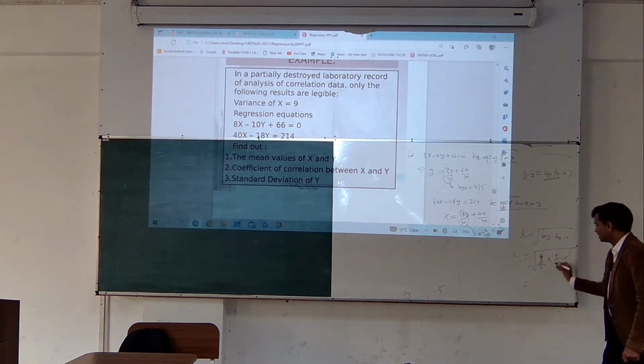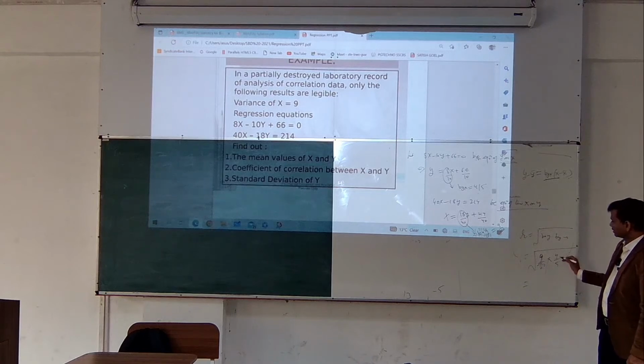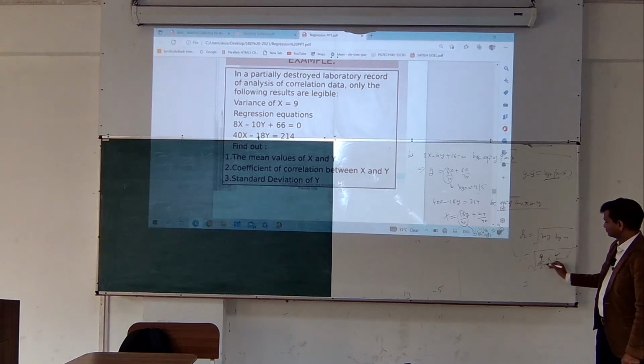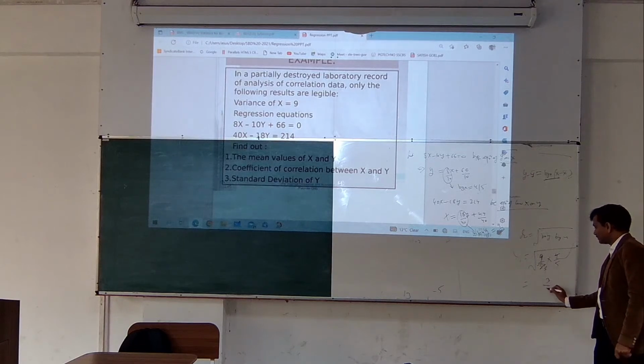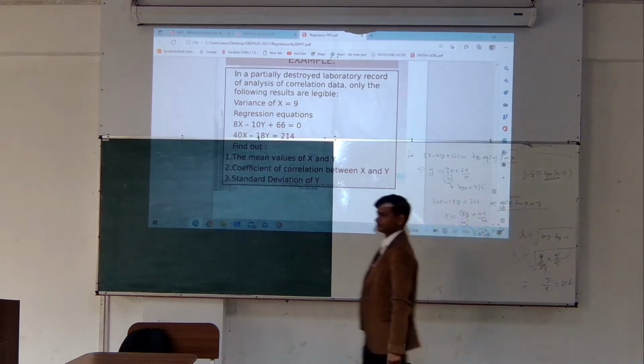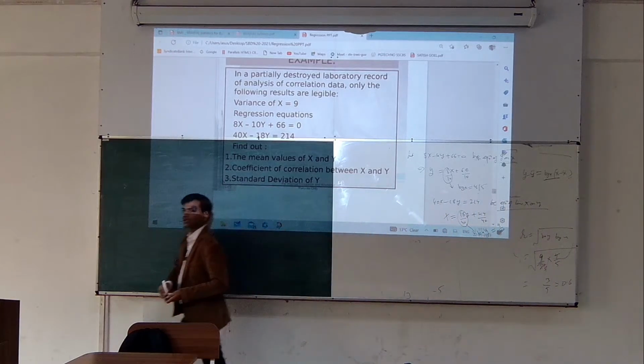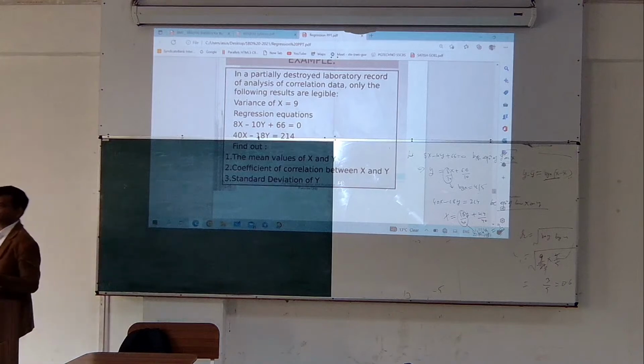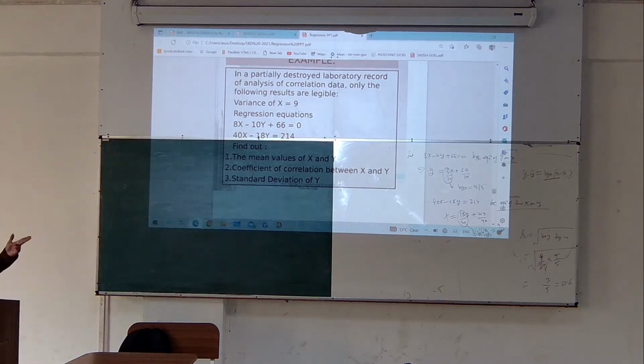So this would be how much? 3 by 5, 0.6. So you can see it is coming to 0.6. So this is how you calculate the correlation coefficient if the two lines of regression are given to you.